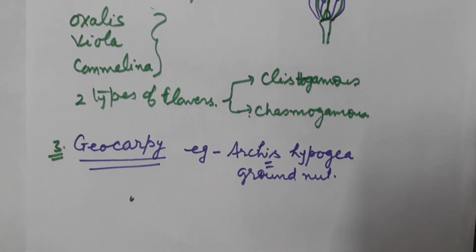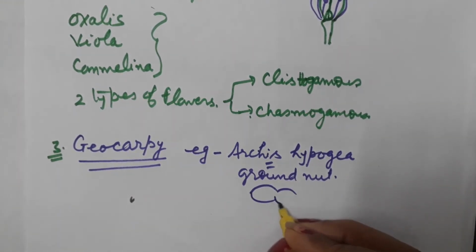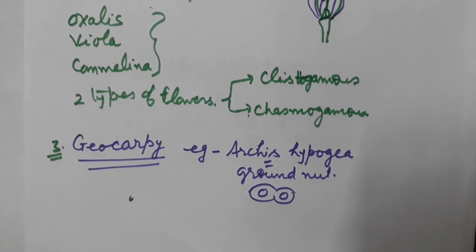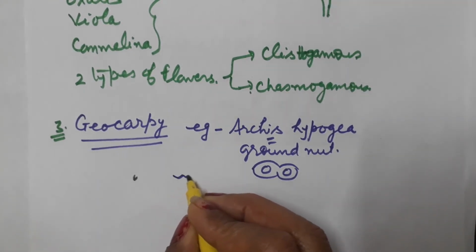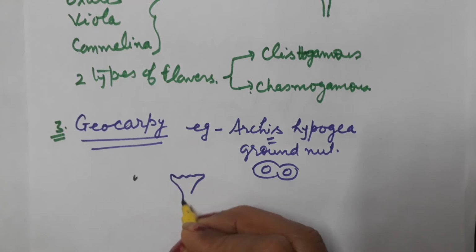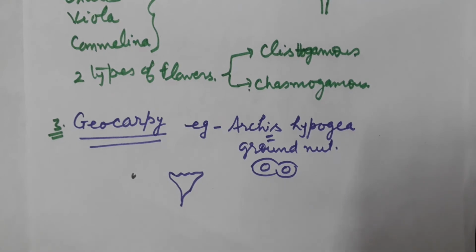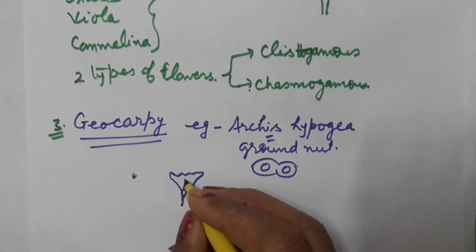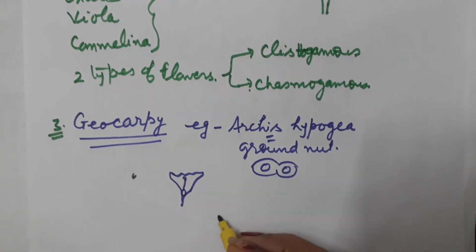What type of fruit is present in the groundnut? This is the structure of groundnut. One seed is present in a compartment. In the case of groundnut, in the center, ovary, style and stigma are present there. Monothecous carpel is present.